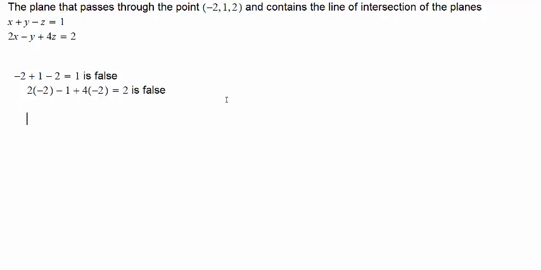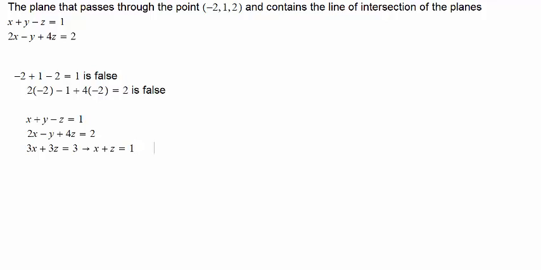We got these two equations, right? If we add these two equations, the y's will cancel. So you get 3x plus 3z equals 3, which will give you x plus z equals 1.